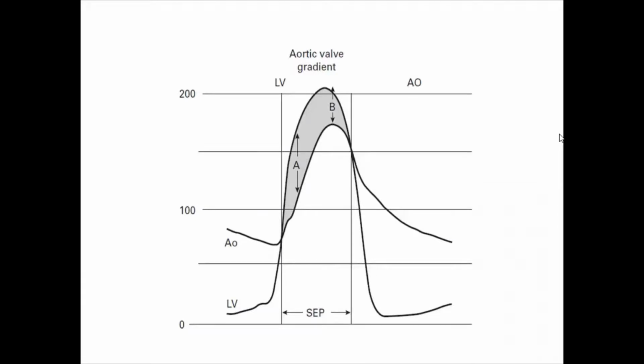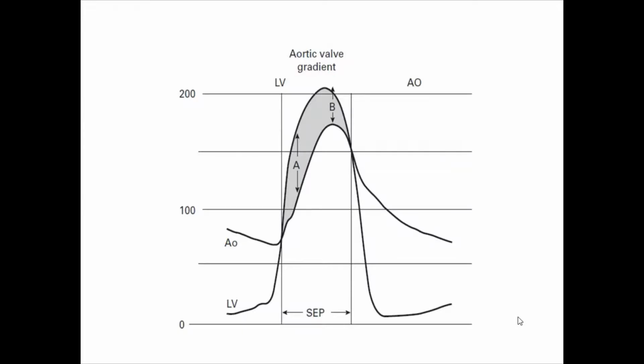This is a simultaneous hemodynamic tracing between the LV and the aorta, scaled from 0 to 200. There is no ECG. If it is there, don't mention it. But you have something to help you: SEP, the systolic ejection period.